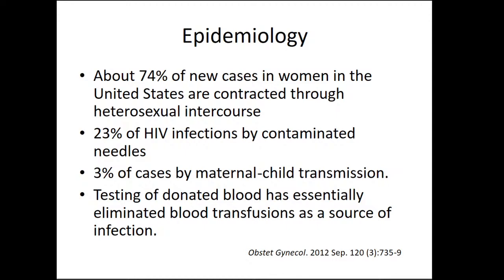Nowadays, it's very, very rarely seen that people are infected through donated blood, because in all countries, all services which provide blood for transfusion test donated blood. So this was eliminated as a source of infection nowadays.